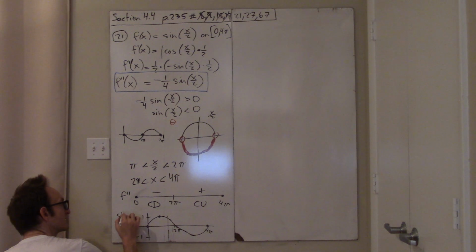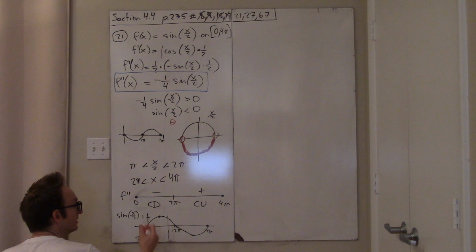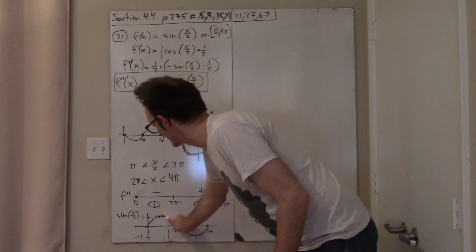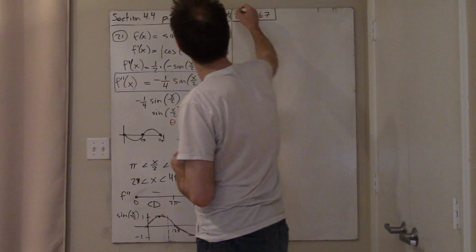This is the original function, sine x over 2. It's going to be concave down here, and then concave up here. So the derivative is decreasing, and then the derivative is increasing. Sorry to be so slow with that.